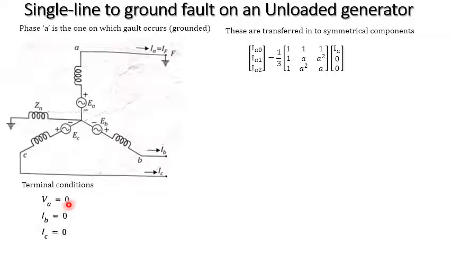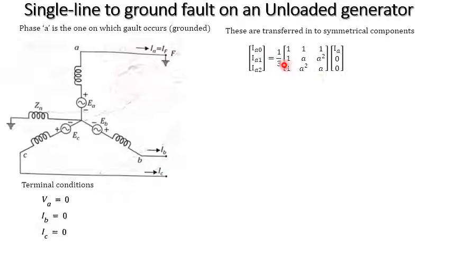If two phase voltages were 0, then we could go for the phase voltages. Here the phase currents IB and IC are 0, so we are calculating the symmetrical component values of the current.